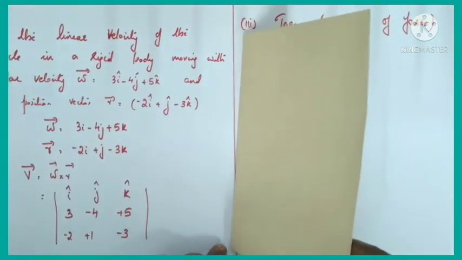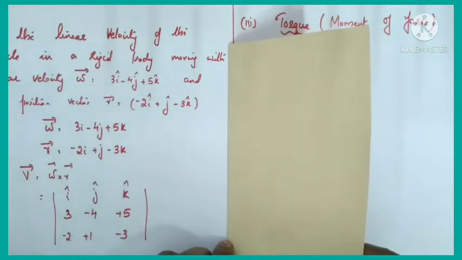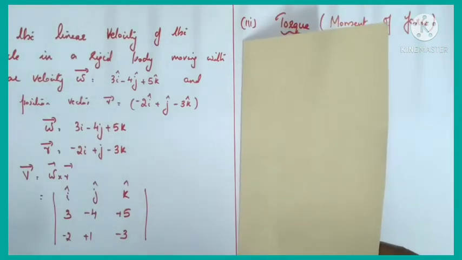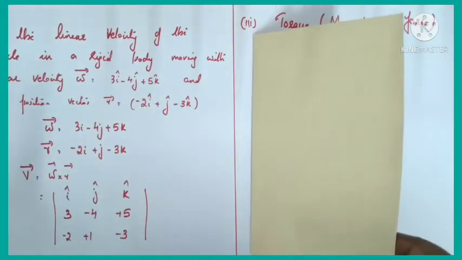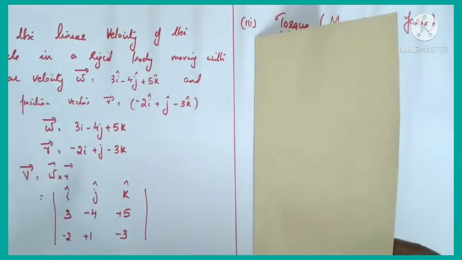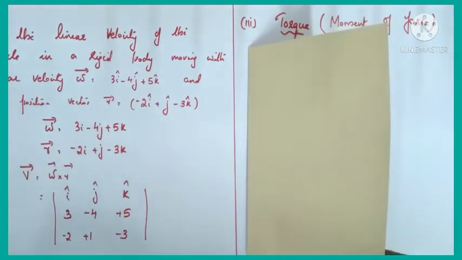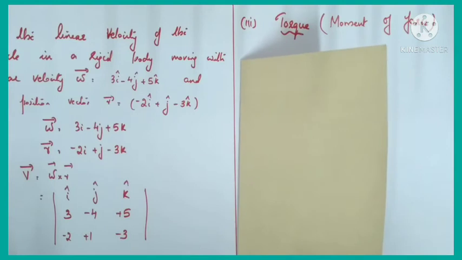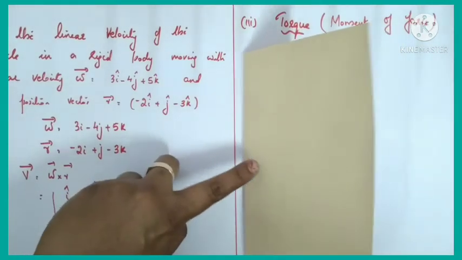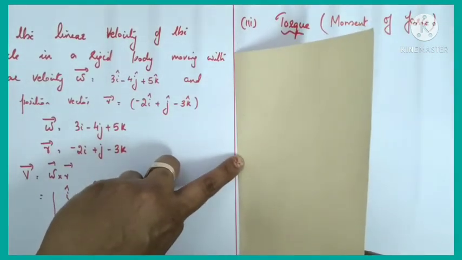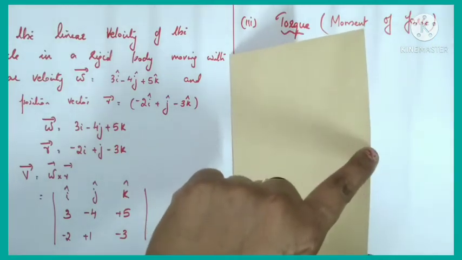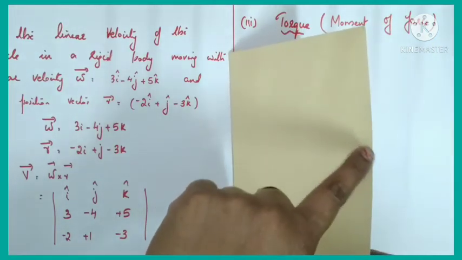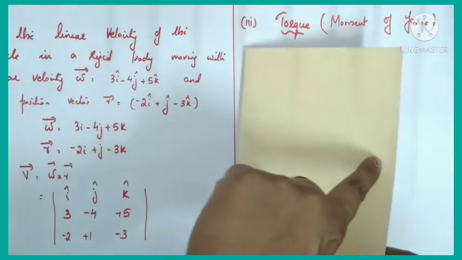Clear? So the importance of torque is that we have to apply force in order to rotate the object, and also the position at which we apply the force matters. Both are important. If the force is applied at the hinge, the door does not move. We have to apply a small force at the other end from the hinge, on one side of the door, then only the door moves.